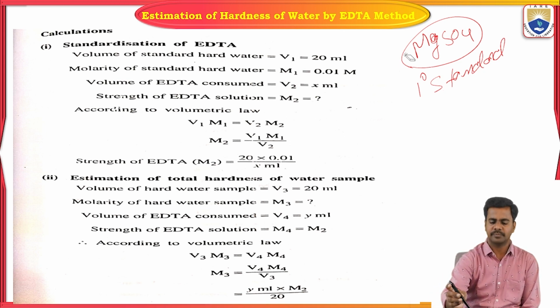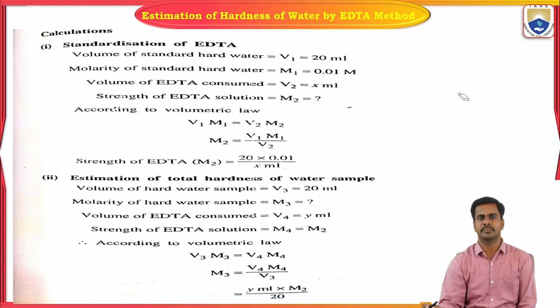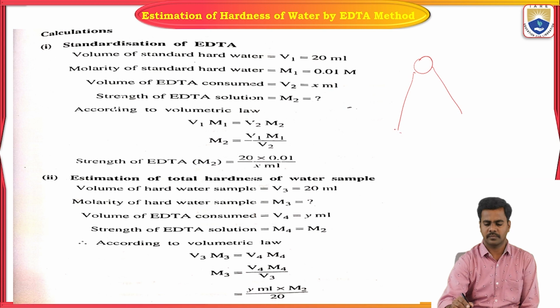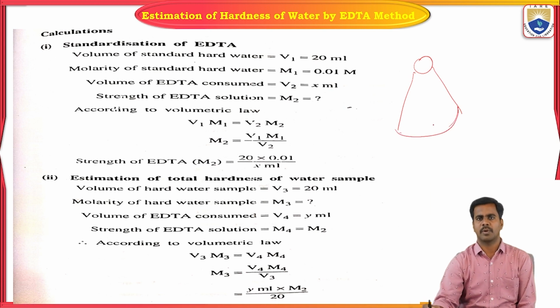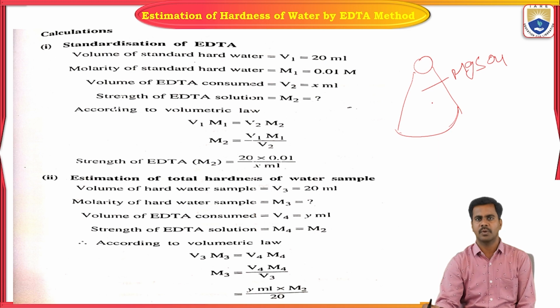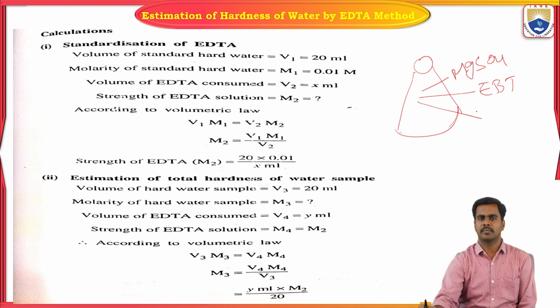So coming to the procedure, some amount of MgSO4 or hard water, that is 20 ml, is taken into the conical flask. To that add a few drops of EBT indicator and a few drops of buffer solution.